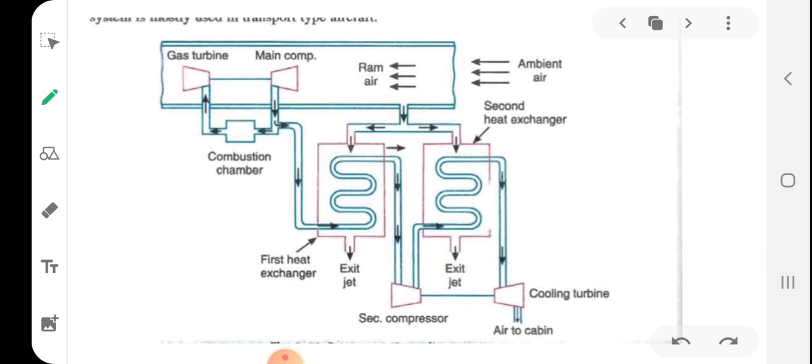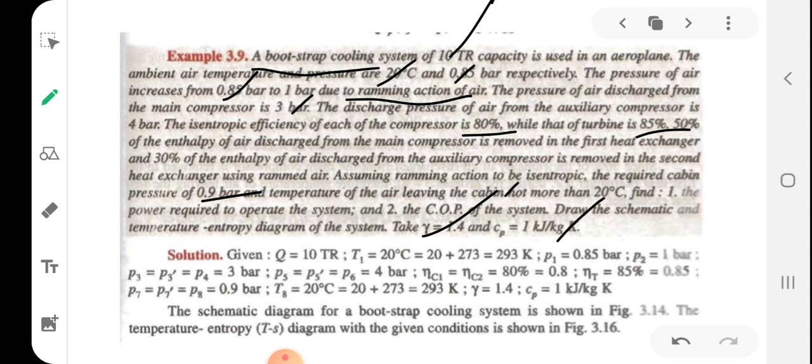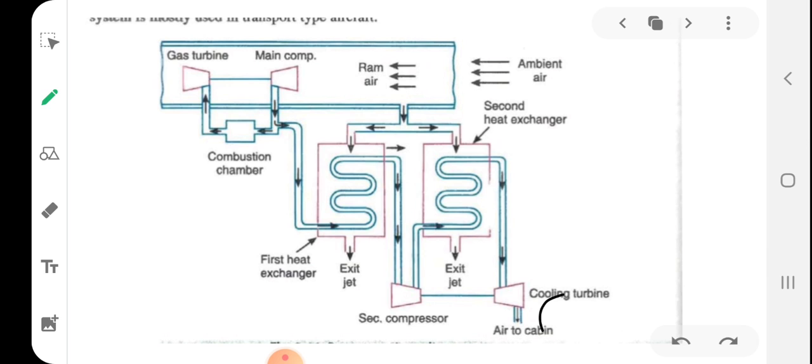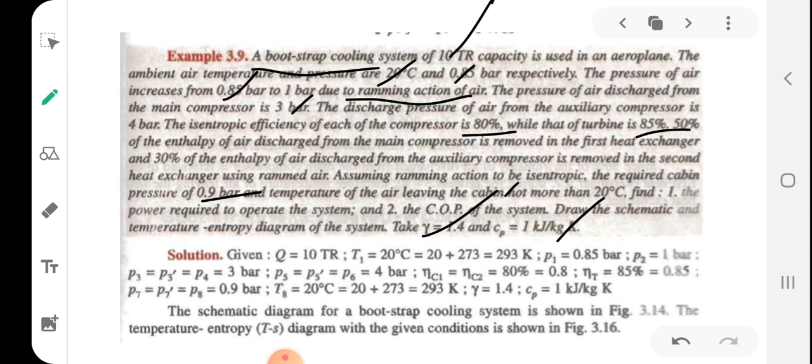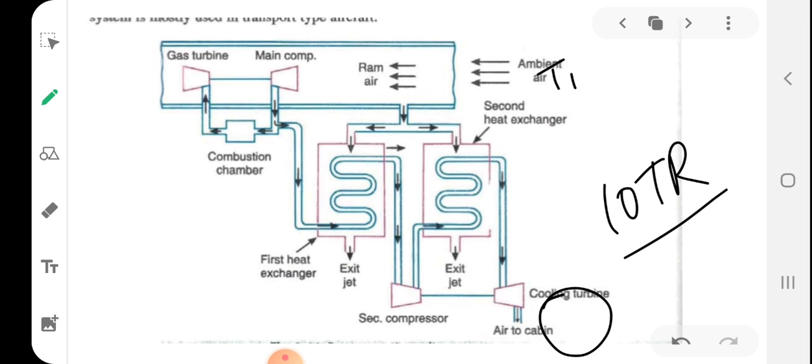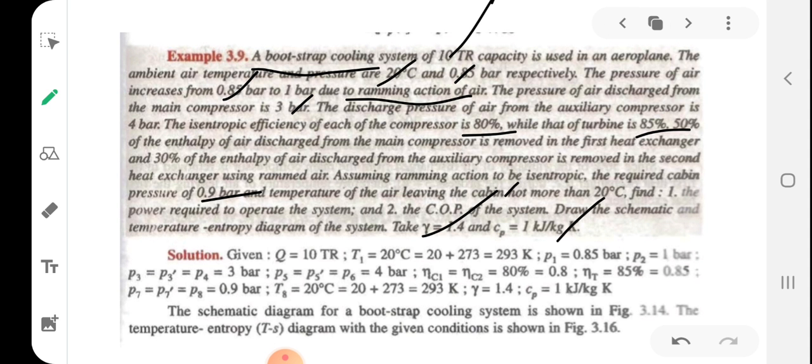Now what all things are given: total cooling effect. In the cooling space, the cabin, there should be 10 TR of refrigeration, and the ambient temperature and pressure, so here T1 and P1 are given. Then the pressure of air increases from 0.85 to 1 bar due to ramming action.